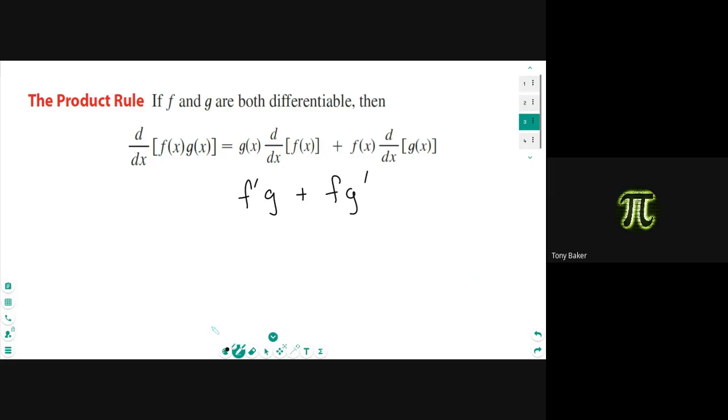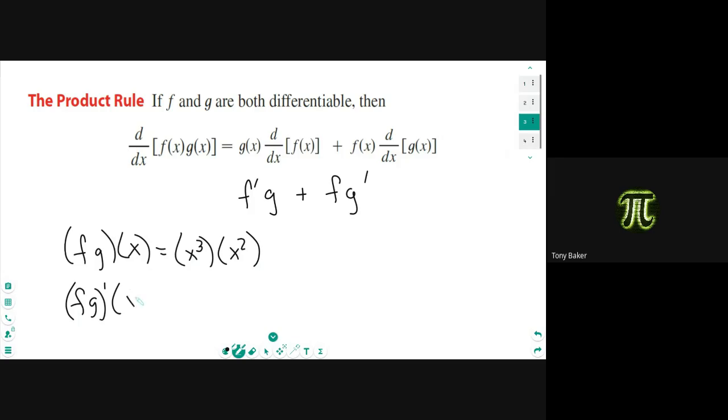So now if we take that fg of x, which was x to the third times x squared, and let's use the product rule for it. So it's the derivative of the first, which is what? 3x squared, right?